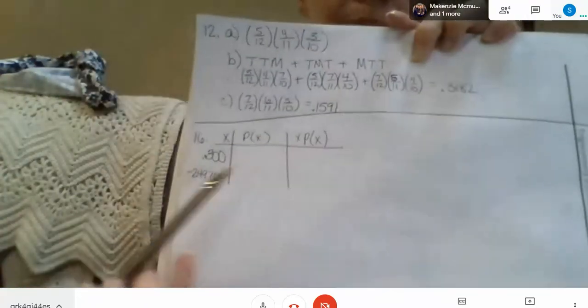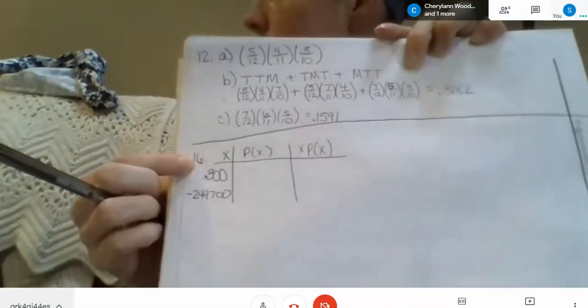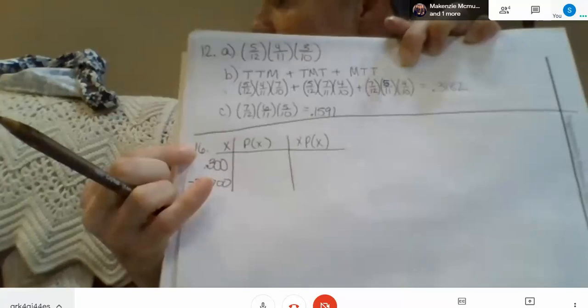So now to find the mean, we're going to first need our probabilities. So the $300 is if the person lives, what's the probability that they live?